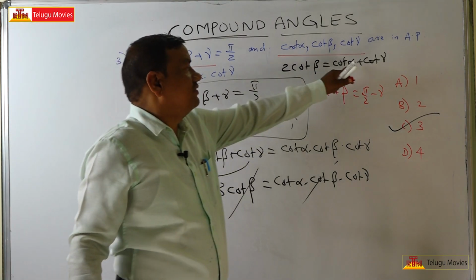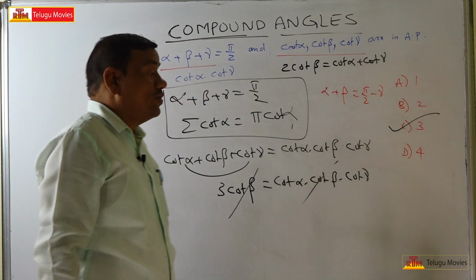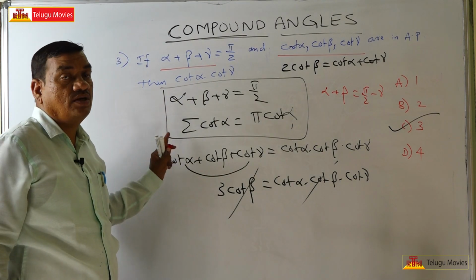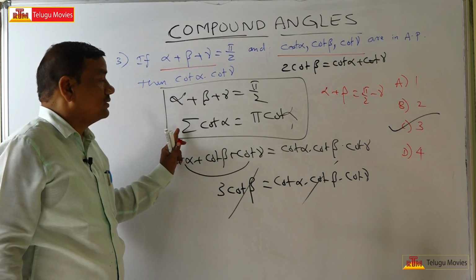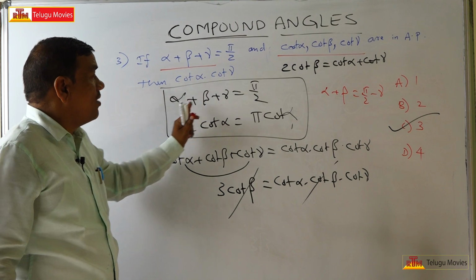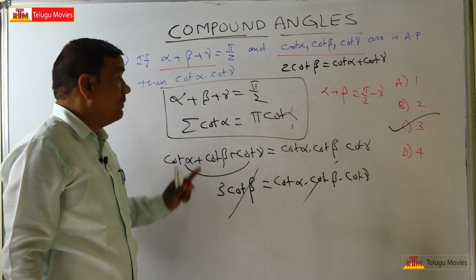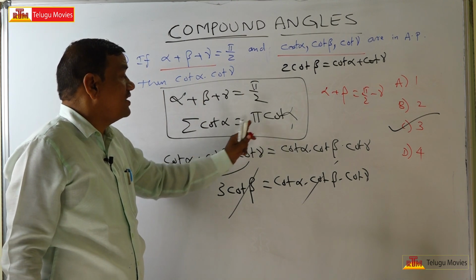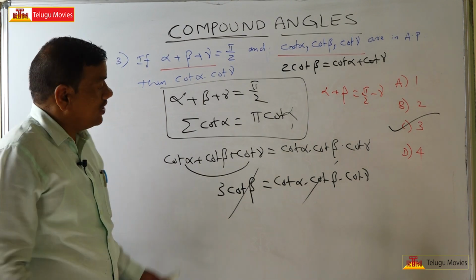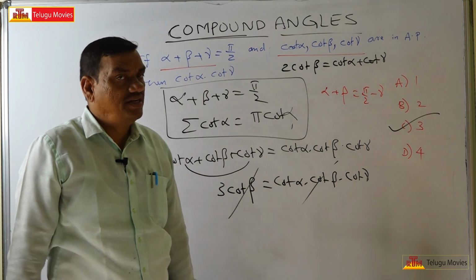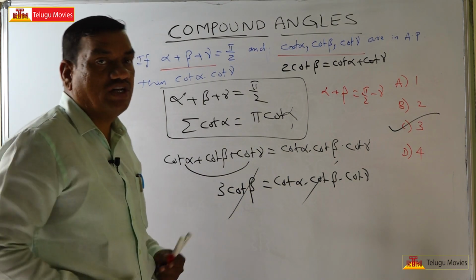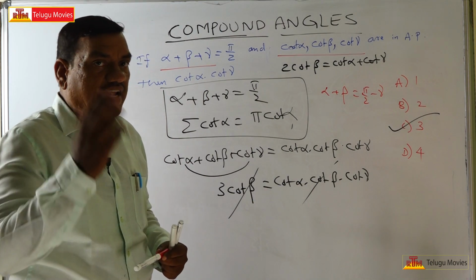But if you know this formula, that alpha plus beta plus gamma is equal to pi by 2 implies sigma cot alpha is equal to pi cot alpha, the problem will be very, very easy. I hope that you understand this solution. Let us go for the next problem.